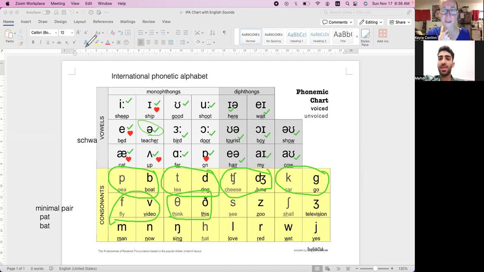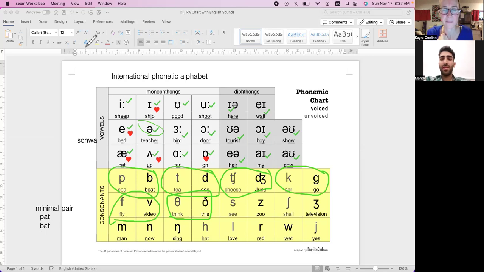For the first one, the soft one, your tongue is between your teeth, but not so tightly, so the air can still pass between your upper teeth and your tongue. Like think, think, or one, two, three.